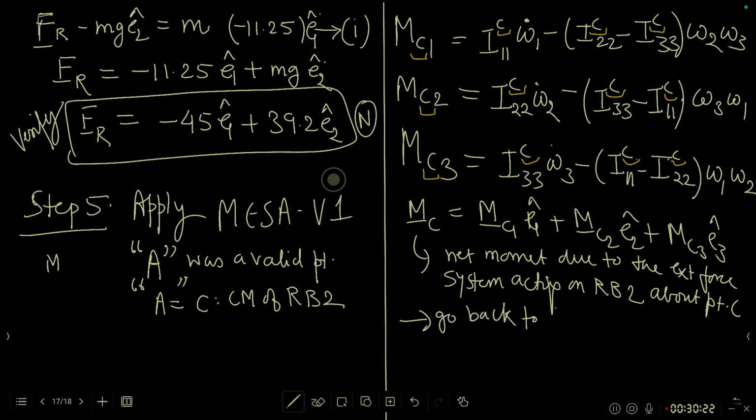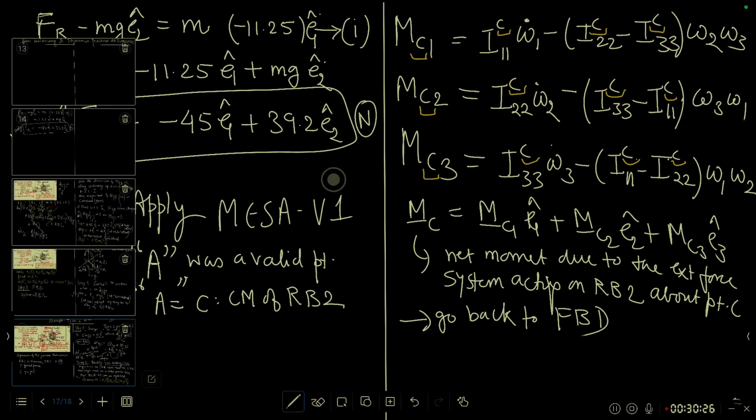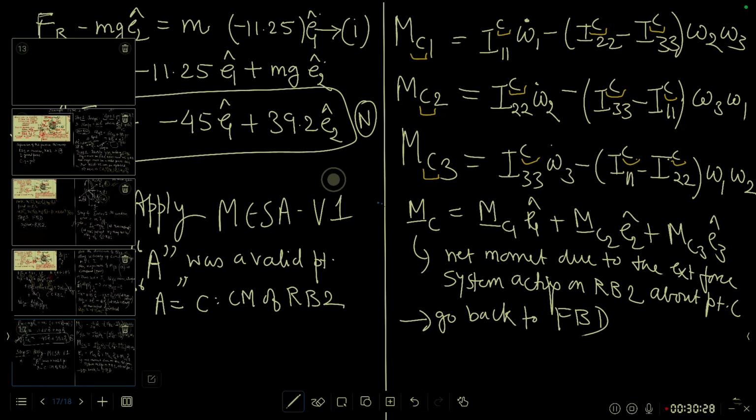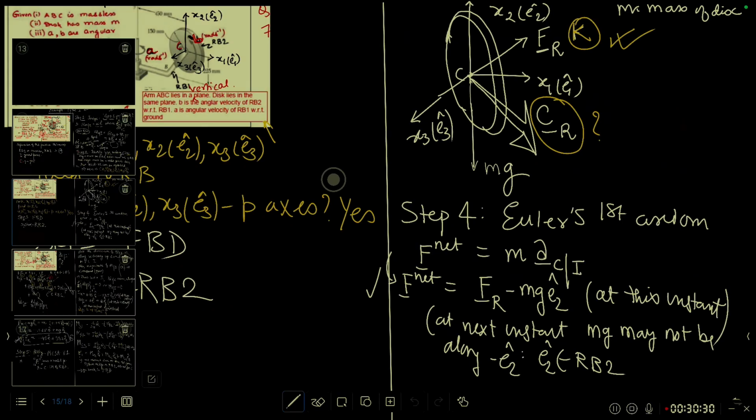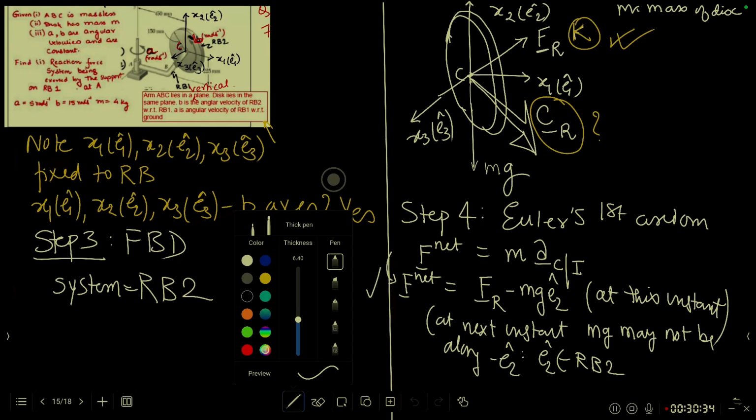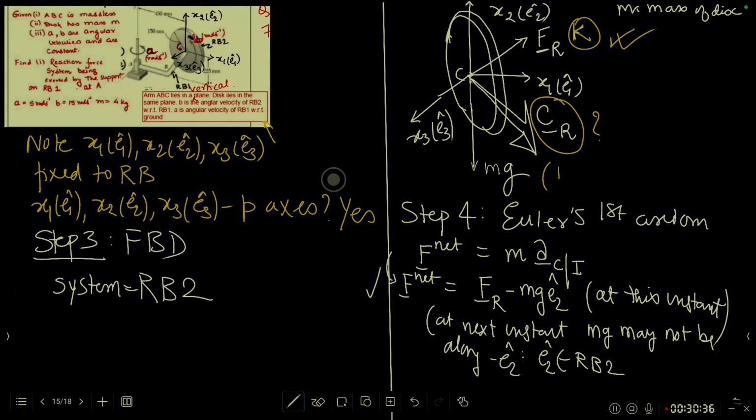FBD. There is a force mg acting, but that passes through C, right through C. It will not count. No contribution to MC. Fr is a force acting again at C. Passes through C. No contribution to MC.